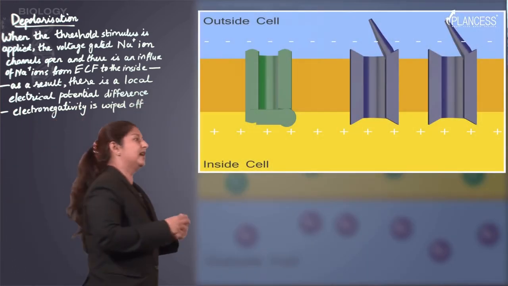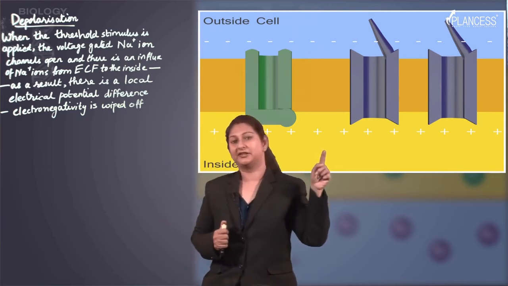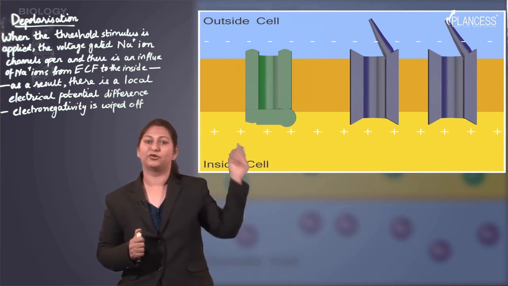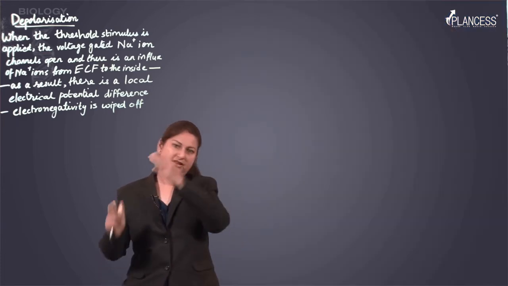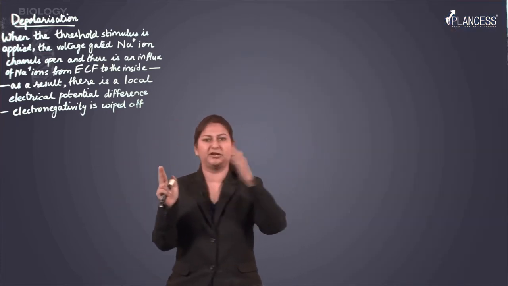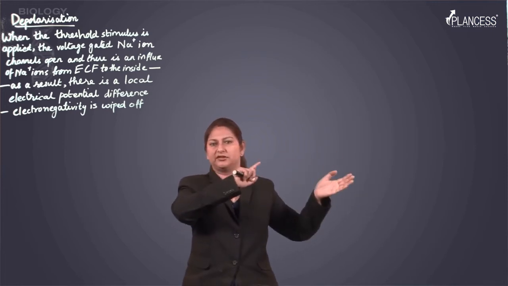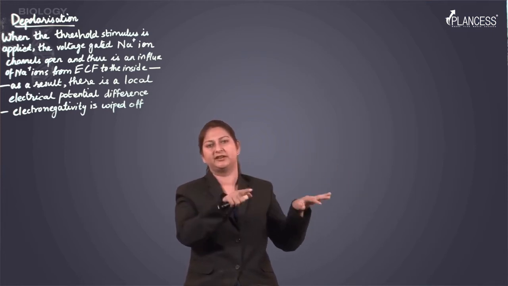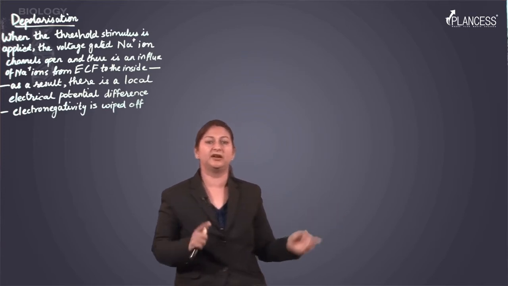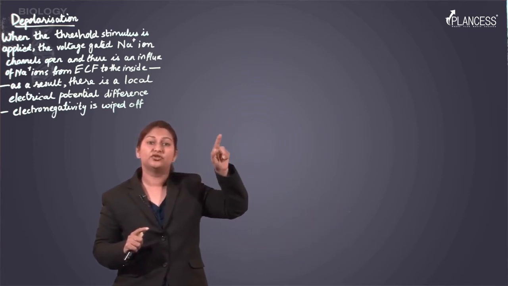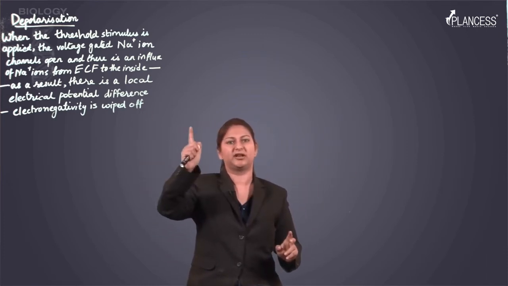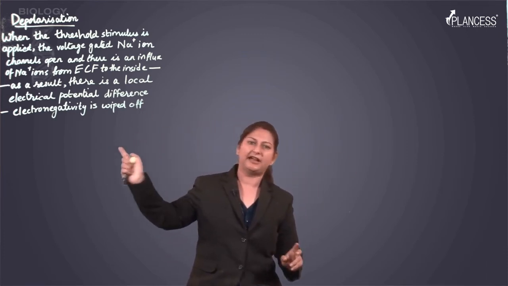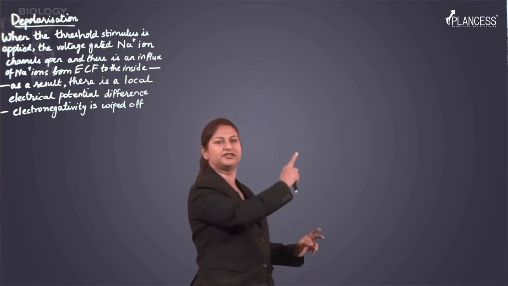Then the interiors inside have turned positive, and outside it is now negative. Now the wave of action potential has passed through, and the changes have happened. Inside it has become positive, outside it has become negative. That is going to initiate the opposite process, because the depolarization has occurred and the action potential has done its work.